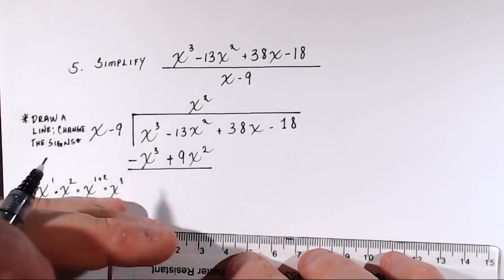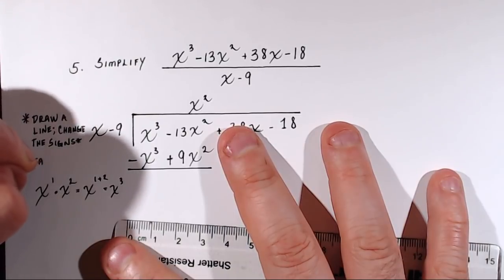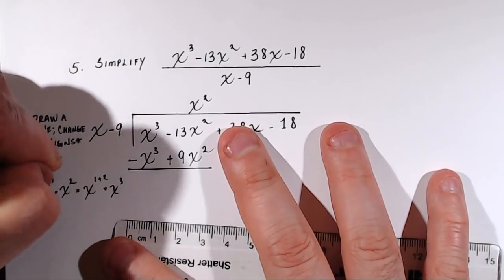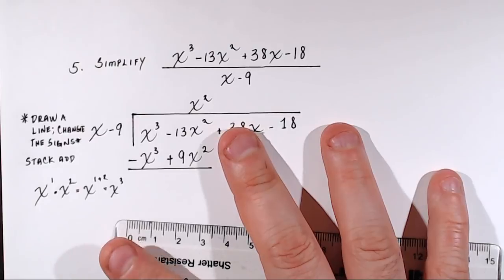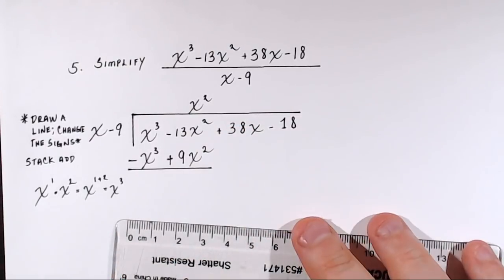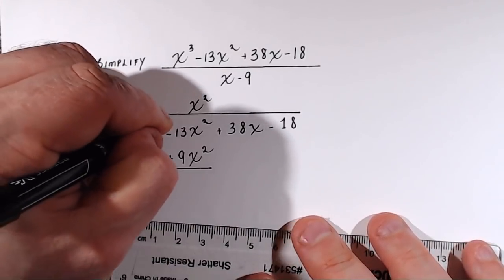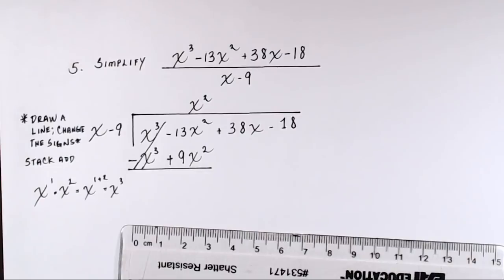Now we stack add. And this is the process over and over and over. And the wonderful thing is x cubed minus x cubed is nothing, so it cancels. Some people don't like when you make the cancel, right? I just think it's fun to draw that line.